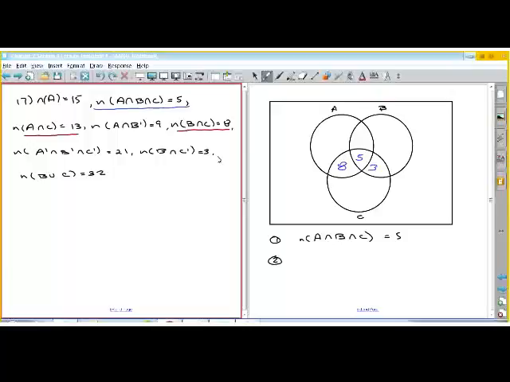So now we got to use one of the other ones. What could we do here? I'm trying to remember how to do this. If you look at the first one, it says the number of elements in set A is 15, but I only know 2. The 2 I don't know, so I can't use that immediately. So that's not going to work.